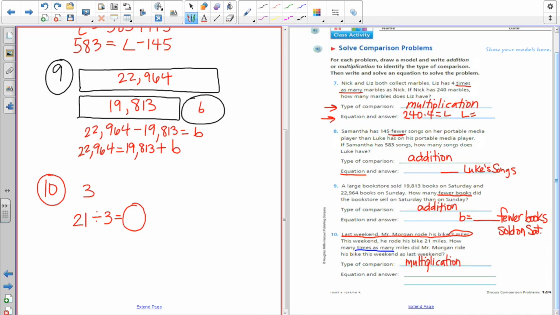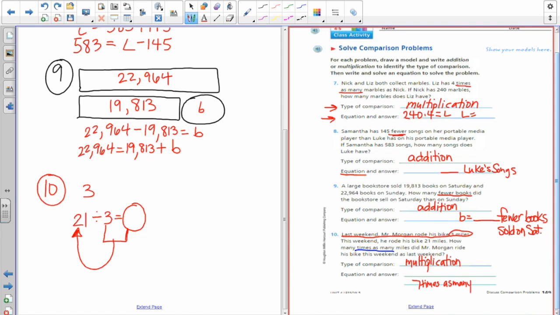We know that this 3 and the answer to this division problem are going to equal the greater number. So you're right, it is 7 times as many. And our equation would be 21 divided by 3 equals, let's just pick miles, M.